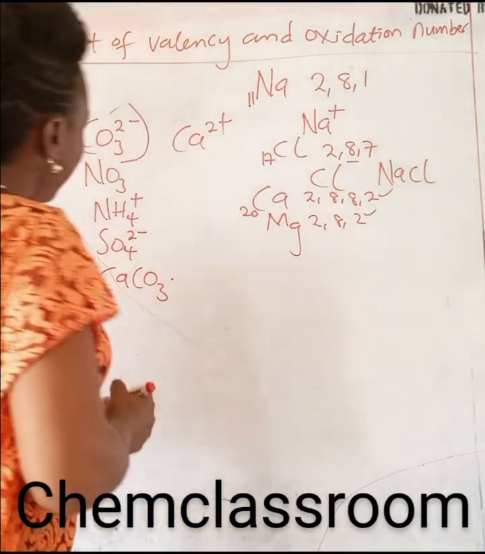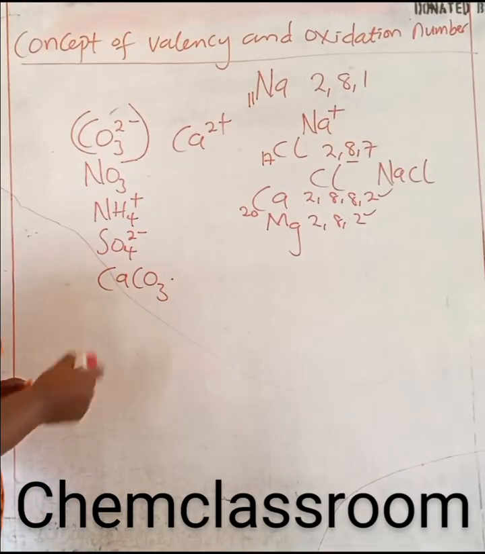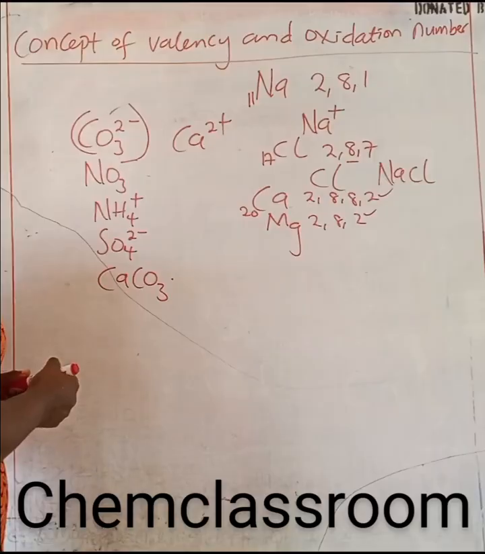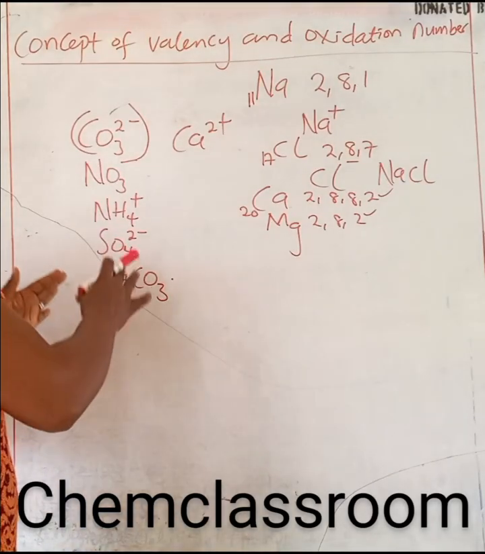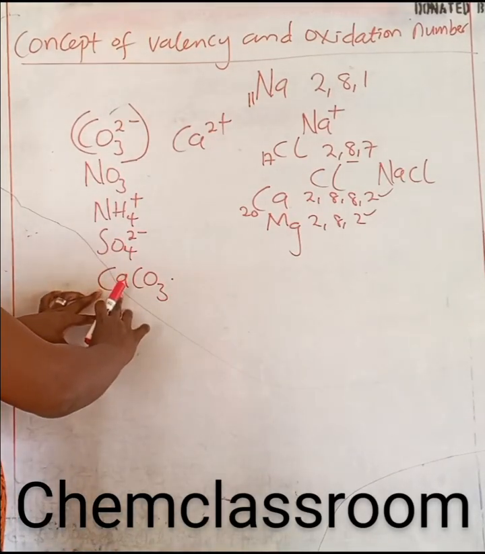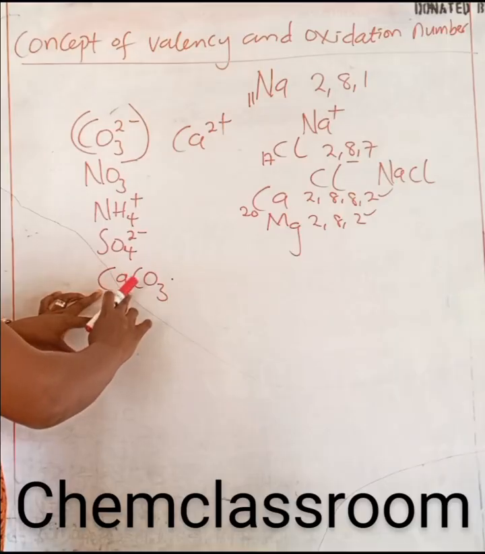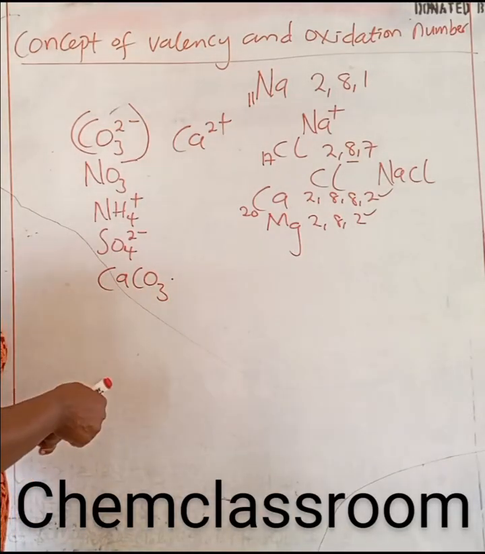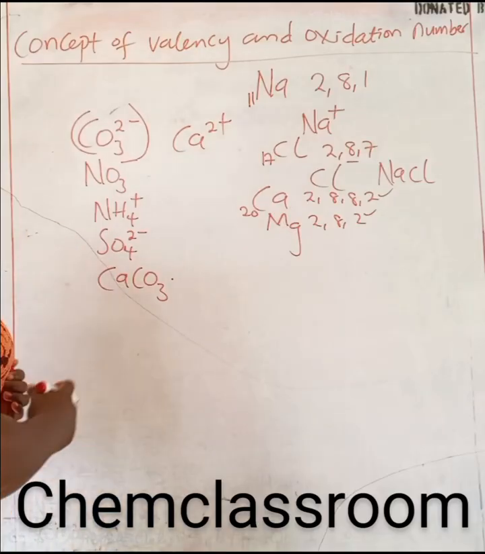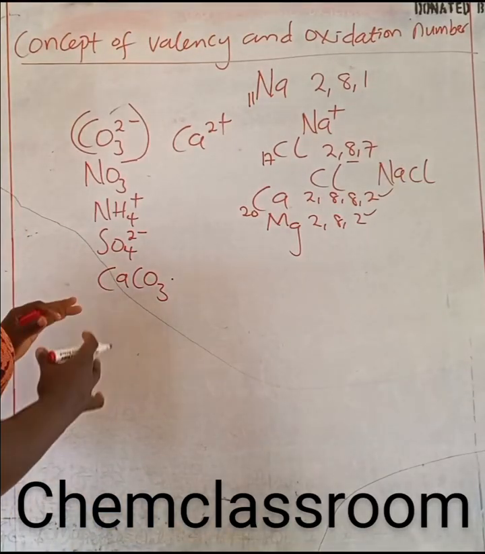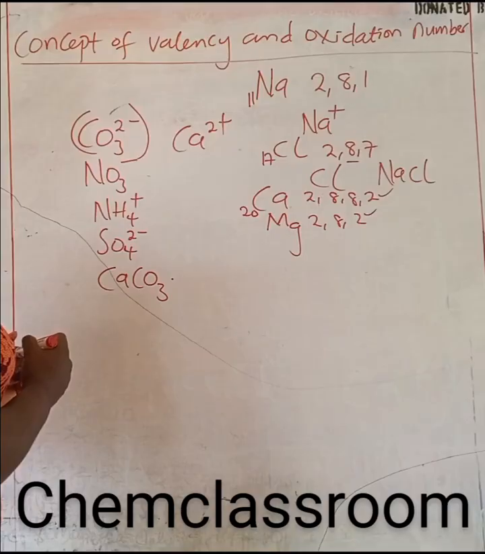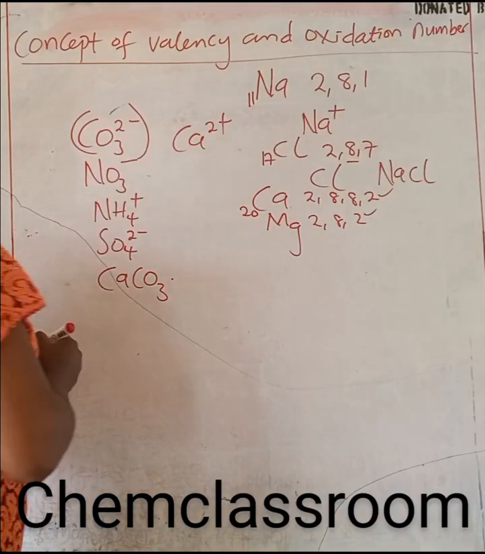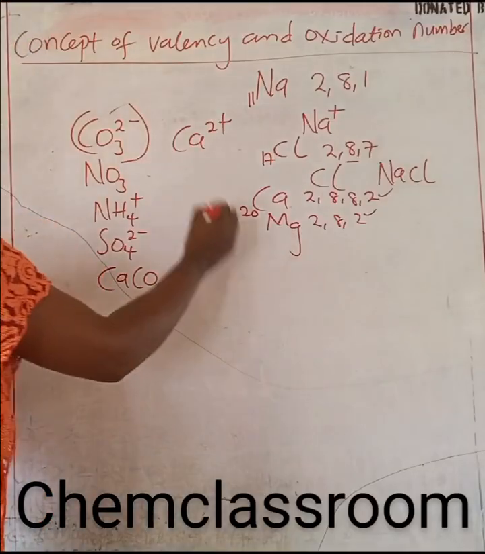Here we have 2 electrons from the carbonate, and calcium willing to give 2, yes. But in a situation whereby they are not balanced, let us use sodium and NO3 minus.